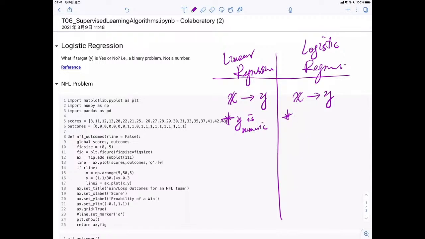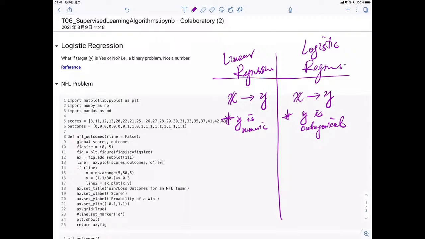But in logistic regression, Y is categorical. Which means Y is one or zero, yes or no, black or white, or even a lot of different classes. For simplicity, we use binary classification right here as our example.